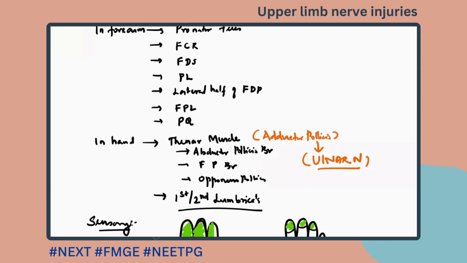So what happens? The thumb will not lie separately. It goes and lies in the same plane as the other fingers because it cannot abduct. Because of this, it results in a hand called ape-thumb deformity. If you see a monkey's thumb, it does not stay separate, it stays together with the other fingers.